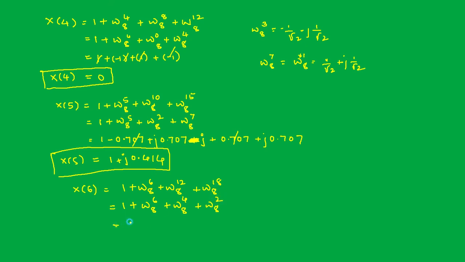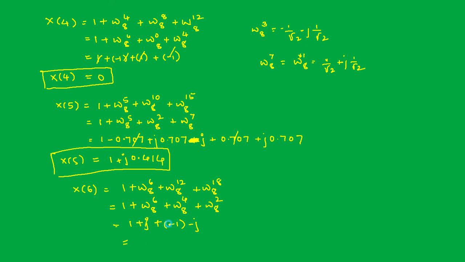So substitute 1 plus, again W8 raised to 6 is the complex conjugate of W8 raised to 2, and W8 raised to 2 is minus j, and its complex conjugate becomes what? Plus j, plus W8 raised to 4 is how much? It is minus 1, and again W8 raised to 2 is how much? It is minus j.